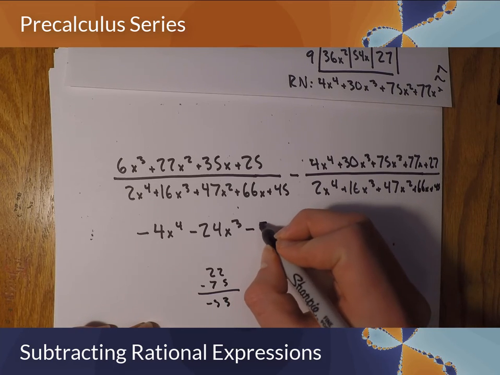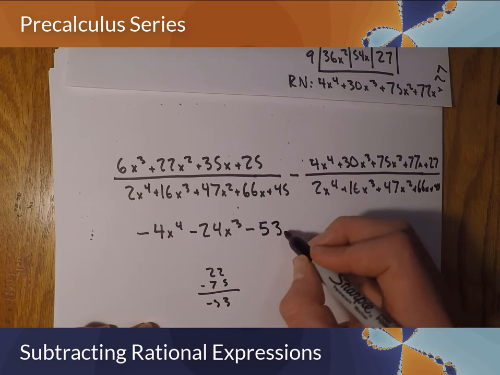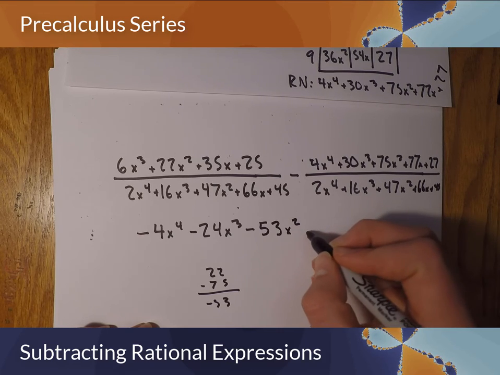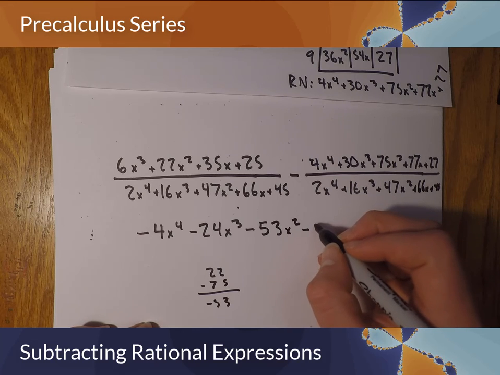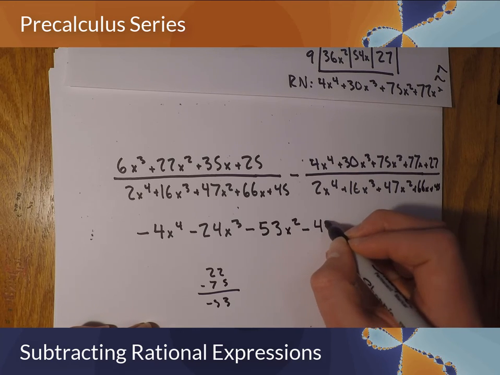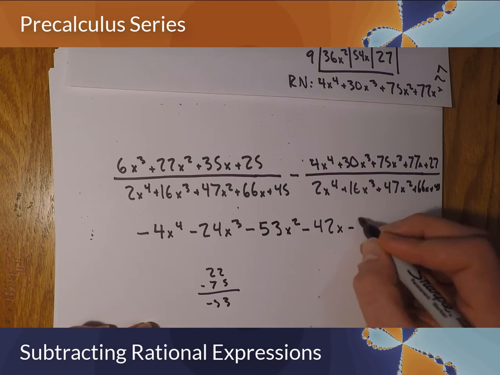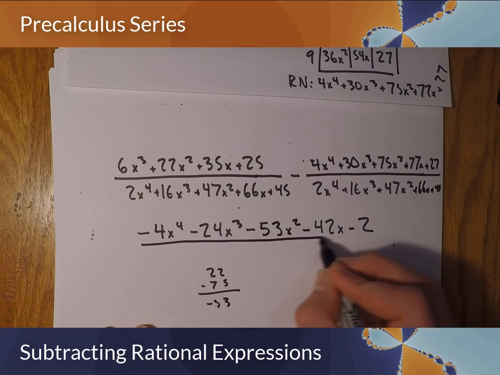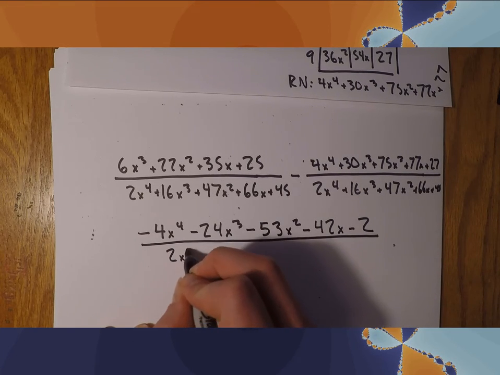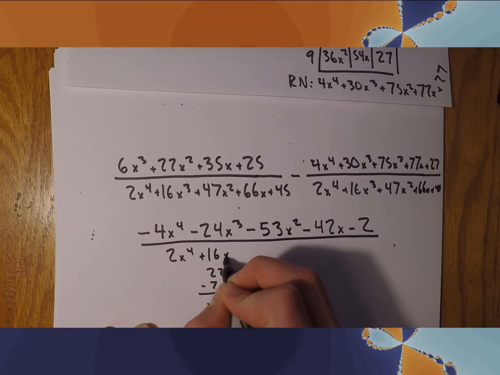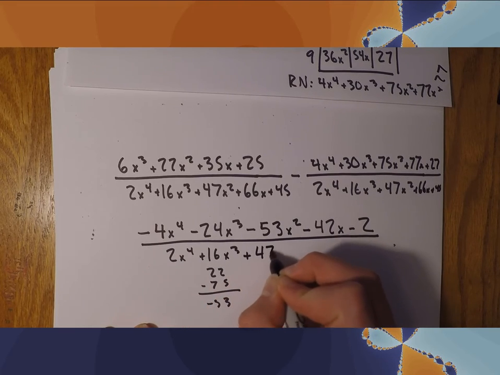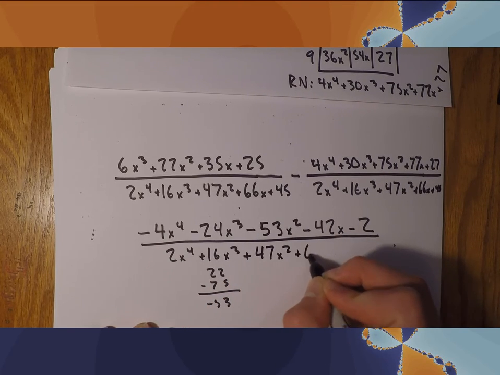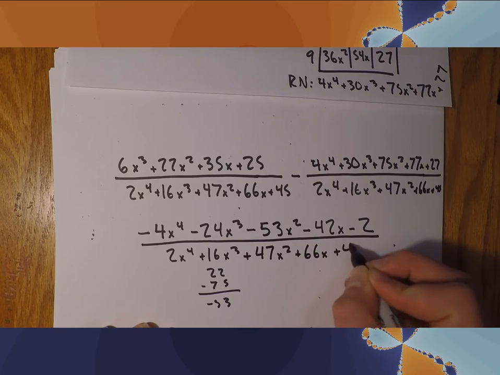So negative 53x squared minus 42x minus 2 all over 2x to the fourth plus 16x cubed plus 47x squared plus 66x plus 45.